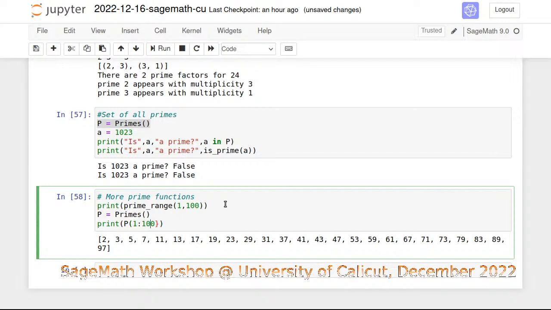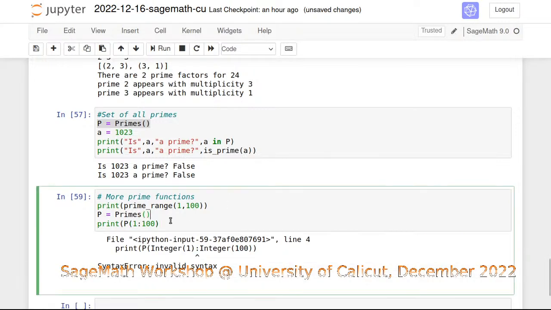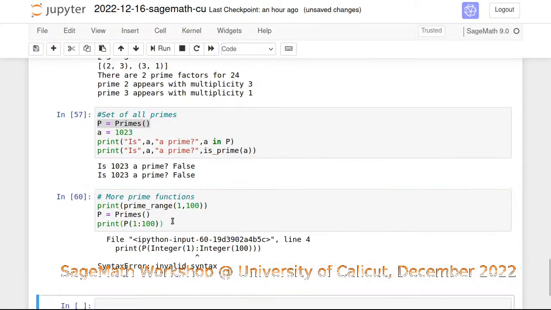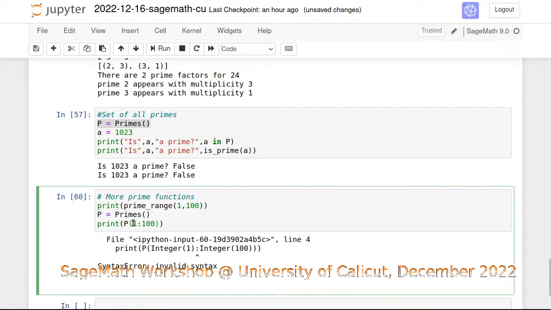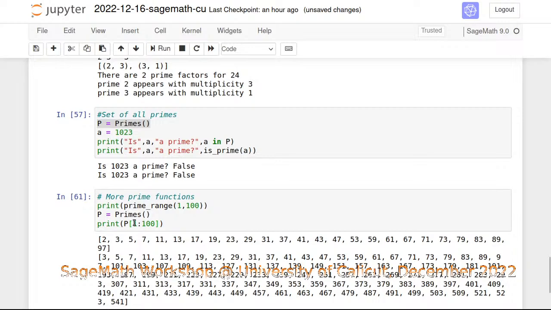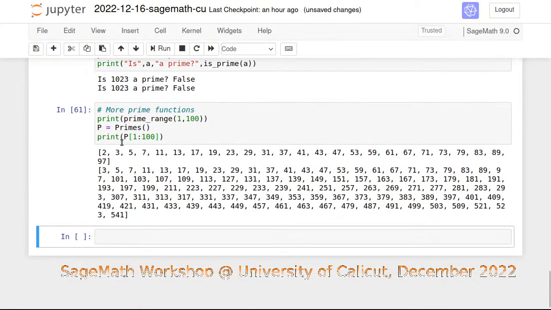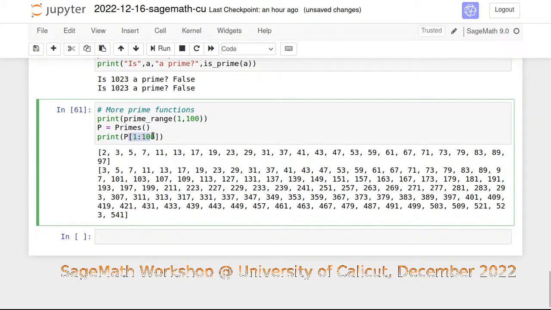Let us see. Or probably as a list. Oh, sorry. Here we are getting the first 100 primes, while here we are getting primes in the range 1 to 100.